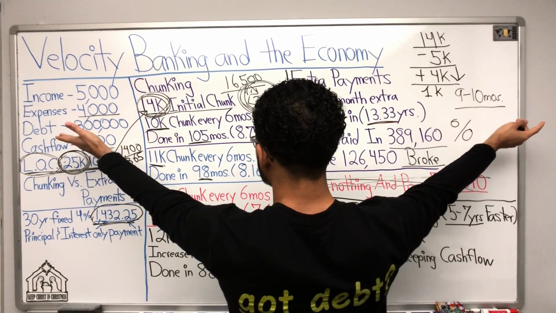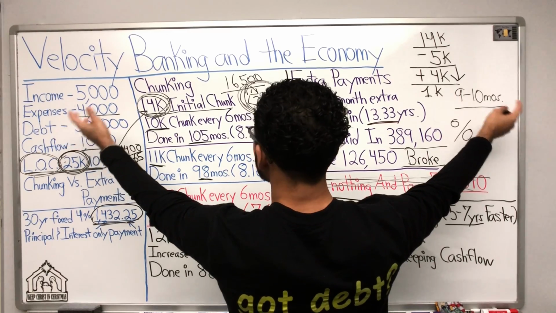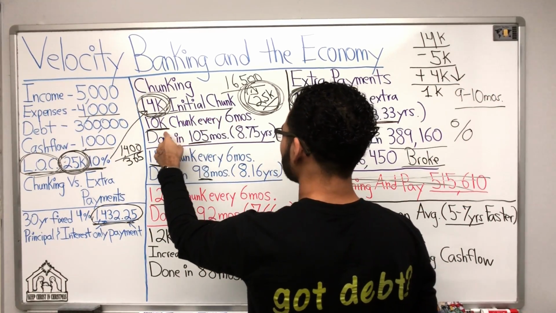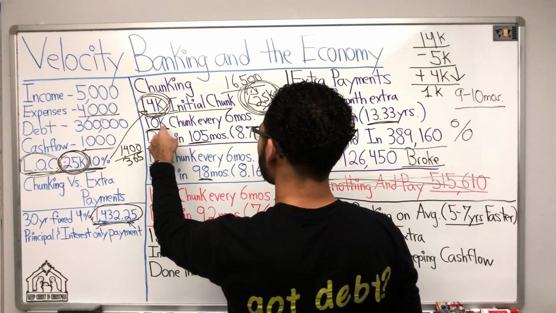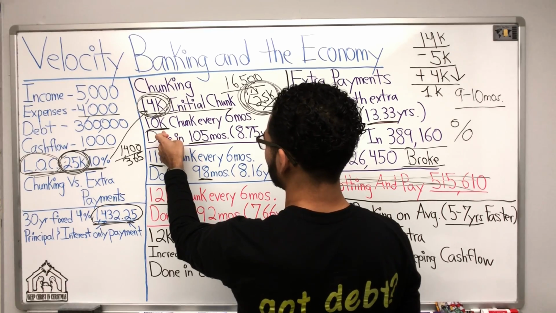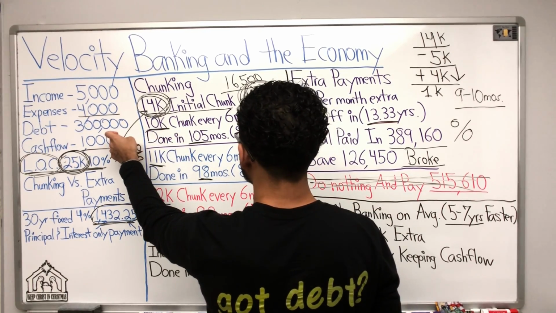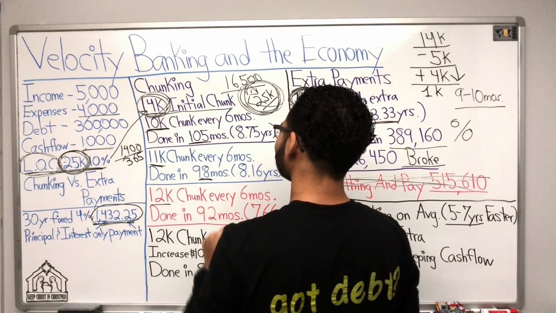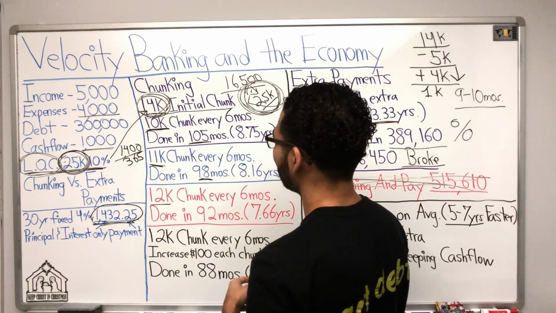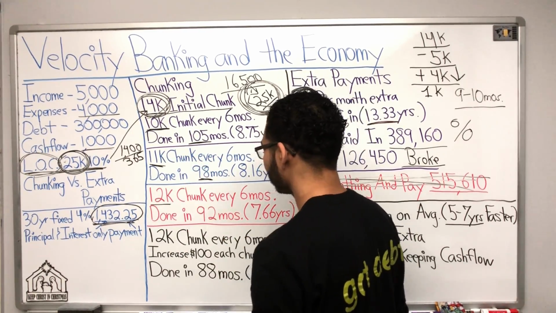How is that possible? Then the other question is, every 6 months thereafter doing 10K chunks, how is that possible with only 1,000 cash flow? Denzel, I think you're a liar. I think you're giving false information out. I don't like your strategy. Hey.